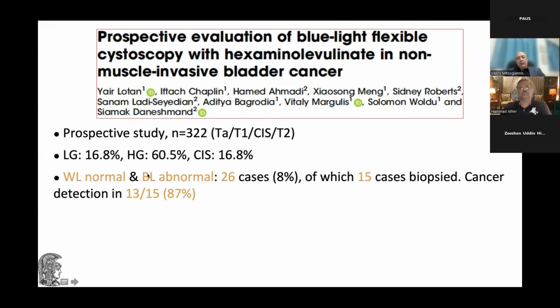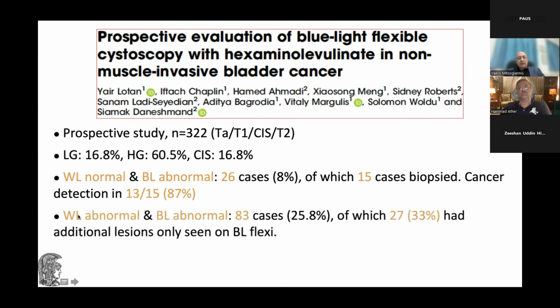So if the white light is normal and the blue light is abnormal, the detection rate increases substantially. And also, if both of these cystoscopies are abnormal, this was the case in 83 cases. Of these 83 cases, 27 had lesions that were only seen on blue light flexible cystoscopy.